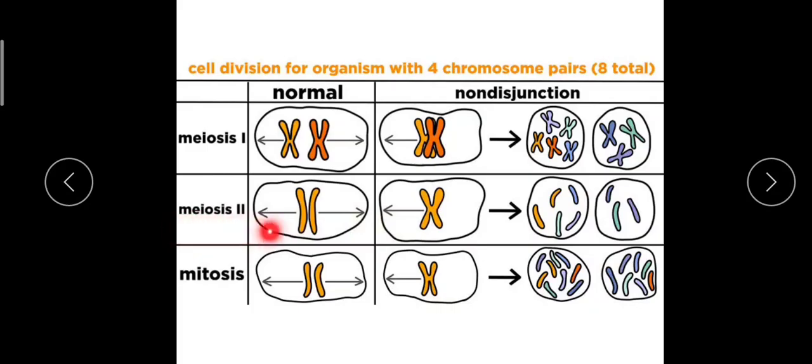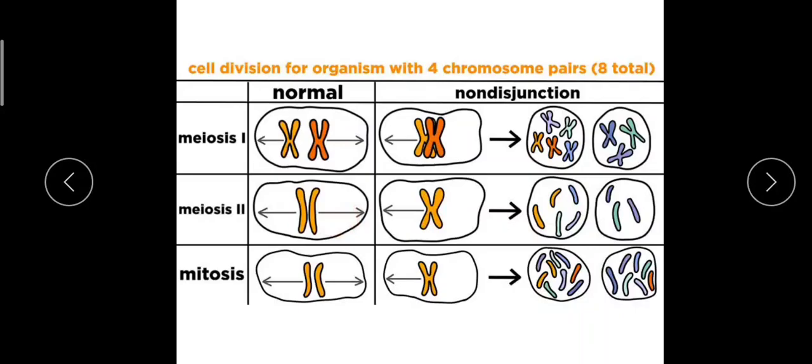And if non-disjunction occurs in meiosis 2, during the anaphase of meiosis 2, the separation of sister chromatids takes place. During anaphase of meiosis 1, separation of homologous chromosomes takes place, and during meiosis 2, the sister chromatids are separated.